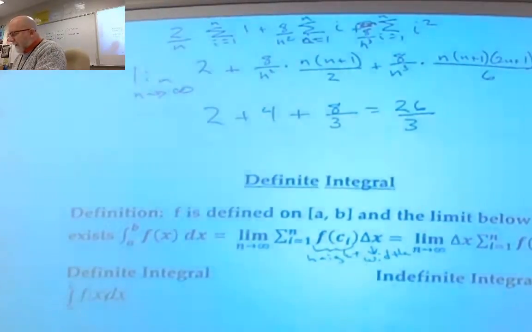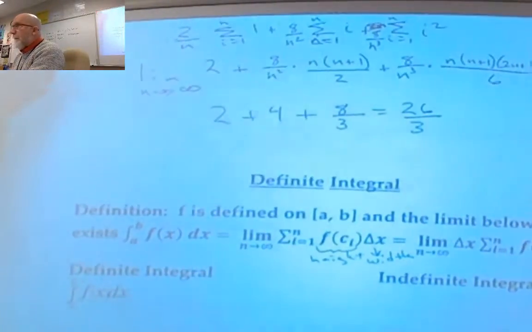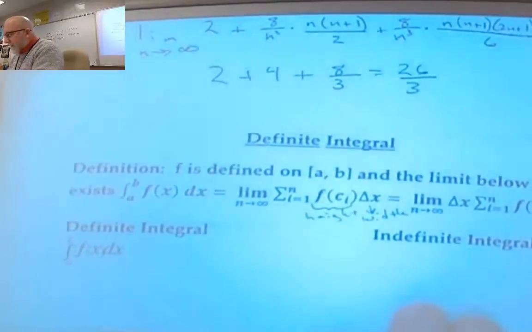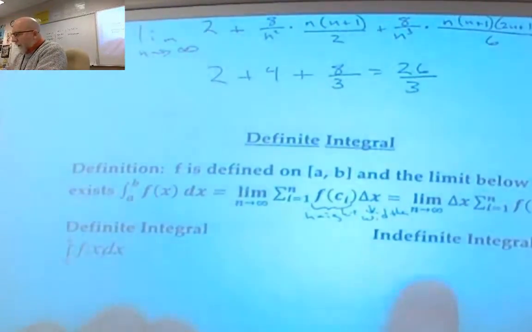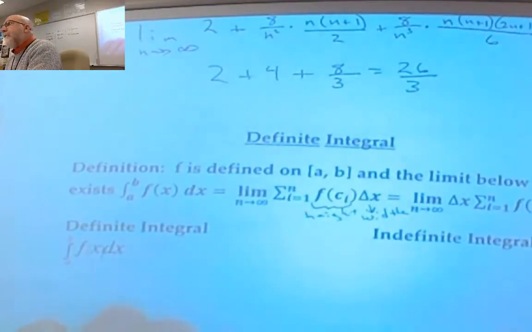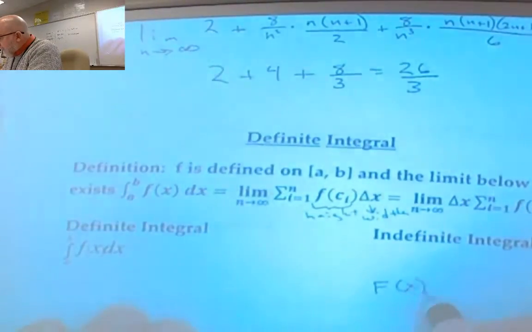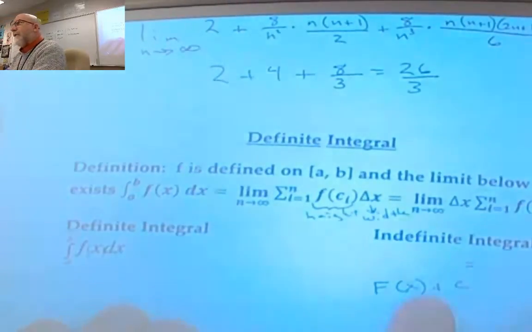Here I have a definite integral. Andy, what would the indefinite integral look like if I had that stuff? What's the only difference? Plus C. My answer would be a plus c, and I'm going to write capital F of x plus c here, but what would the integral look like? It would equal this as an answer, okay?